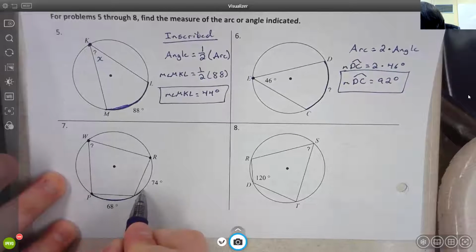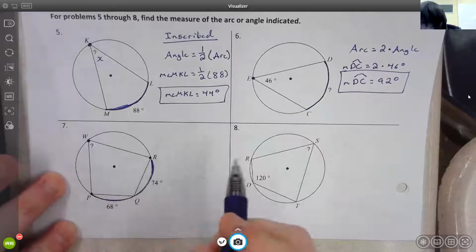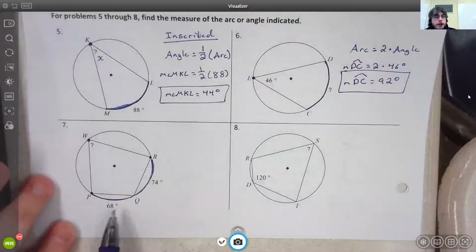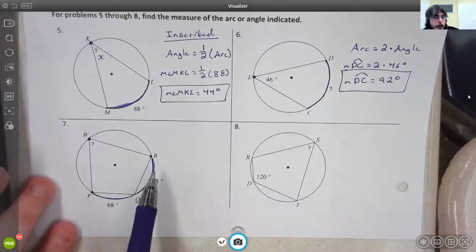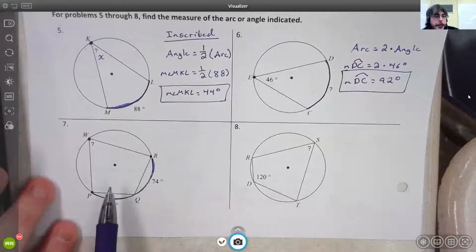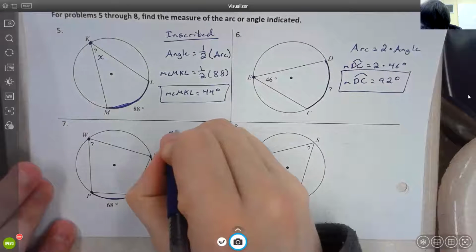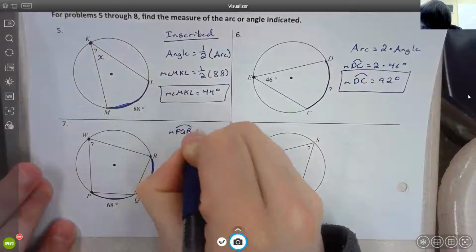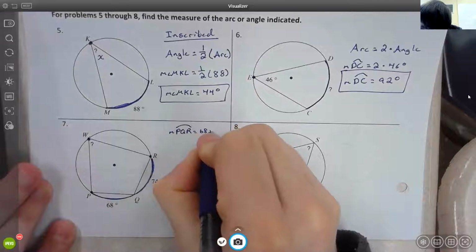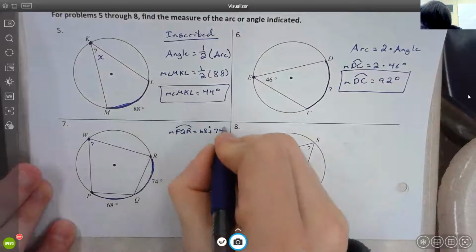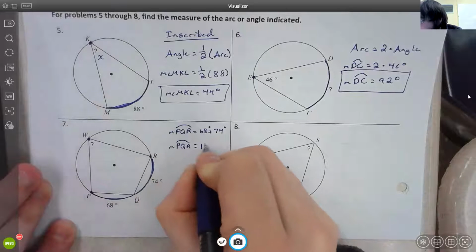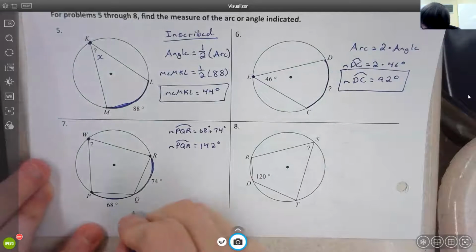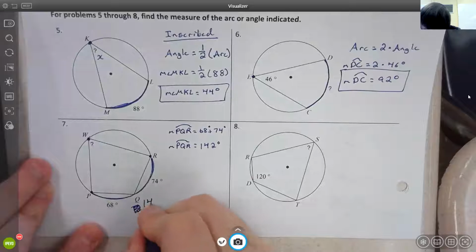So P to Q to R. Now you'll notice that we have two different parts labeled here. We've got one for PQ and one for QR. But we need the whole thing. So that means that the measure of arc PQR is equal to 68 plus 74, and that is equal to 142. So PQR is 142.